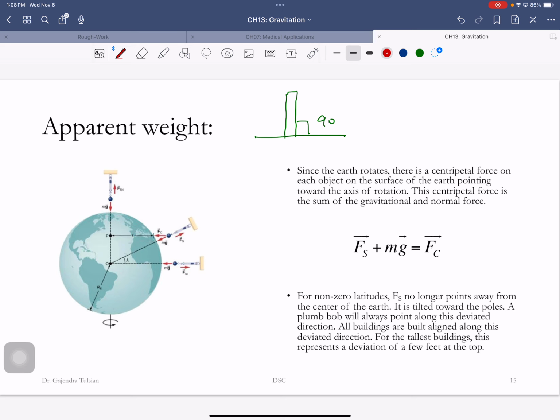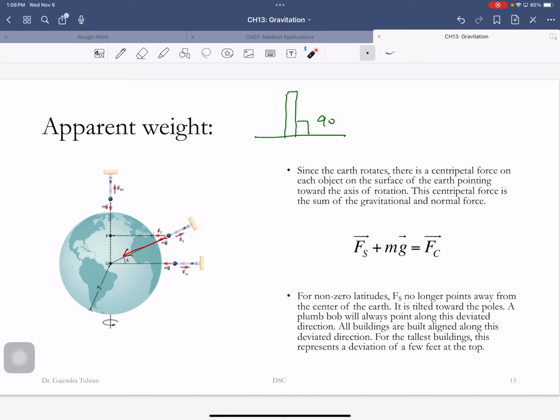Let's say now we're building a building. What do you do? You hang a plumb bob. There's a force of gravity acting on it like that. It's going around in a circle, so you need a centripetal force on it like that. The Earth's force of gravity is in this direction, and the spring is pulling it upward.